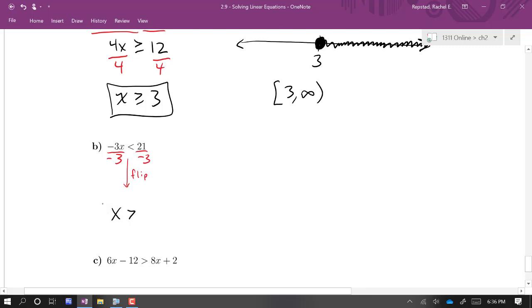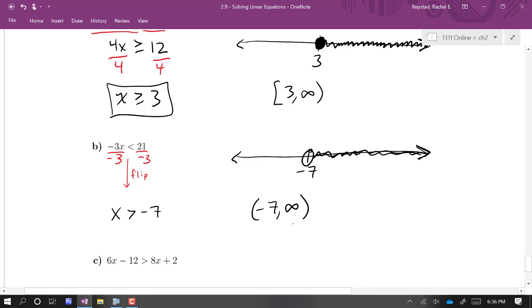X is strictly greater than -7. Strictly greater than, so an open circle, and then greater than, so it's to the right. In interval notation, it would be an open interval, open on both ends, -7 to infinity.